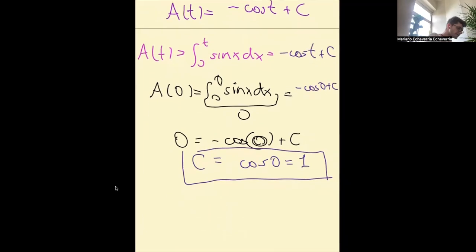So that means that the area function was A of t equals the integral from 0 to t of sine of x dx, which is minus cosine of t plus c, but c is 1.